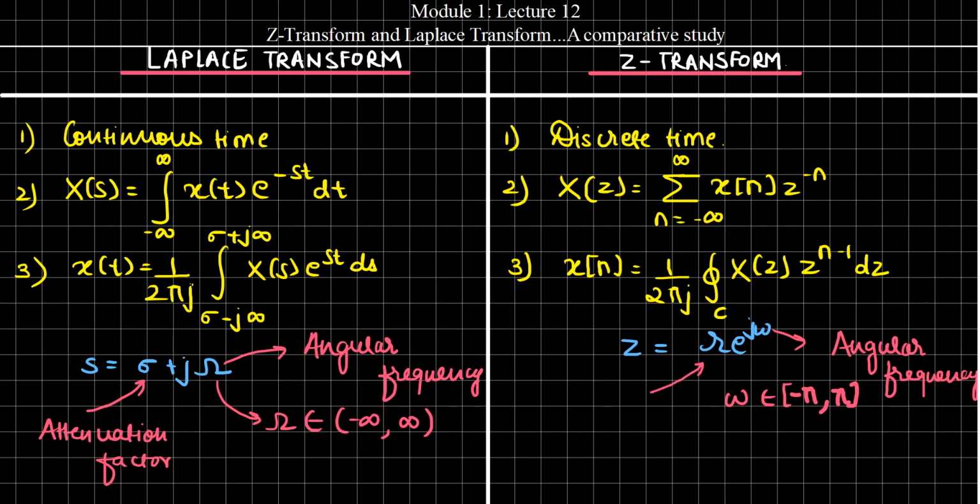And this r is the magnitude of z, that is the distance from the origin to z in the z plane.